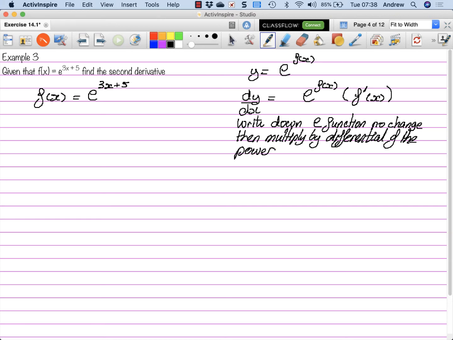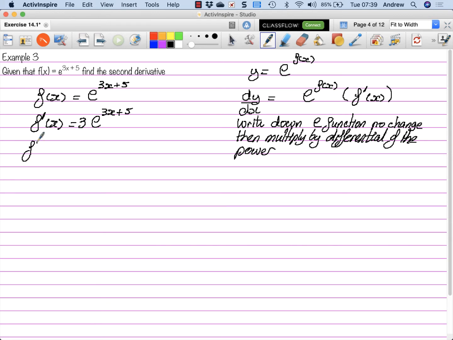Okay, so let's do this now. When we differentiate an f function, we get f dashed. That's how we write it notationally. So I'm now differentiating the e function. So I write down the e function, it remains unchanged, and then I multiply by the differential of the power. The differential of the power is 3, so I'm going to choose to write it at the front.